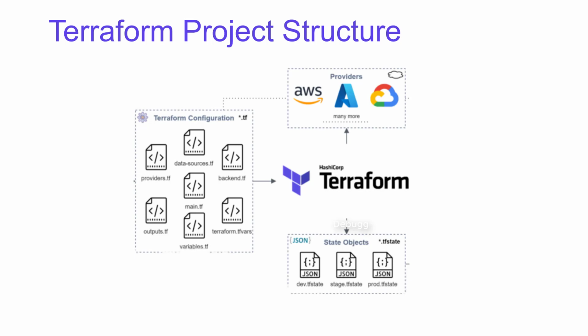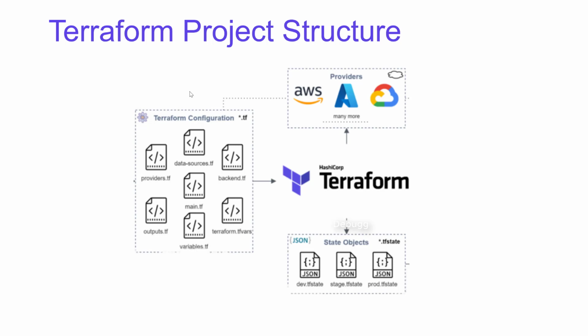Now let's see what the Terraform project structure looks like. In a working directory, we create a bunch of .tf files, an extension which Terraform understands, and all the files will be read by Terraform. We can name them main.tf, providers.tf, backend.tf, anything is fine.